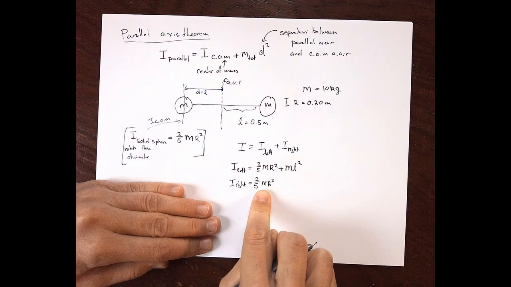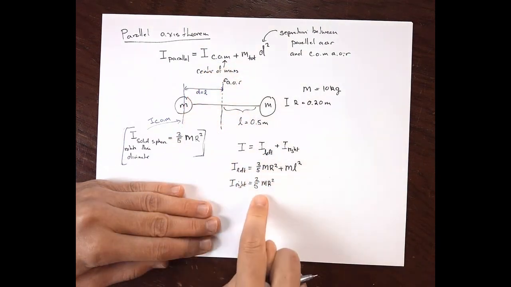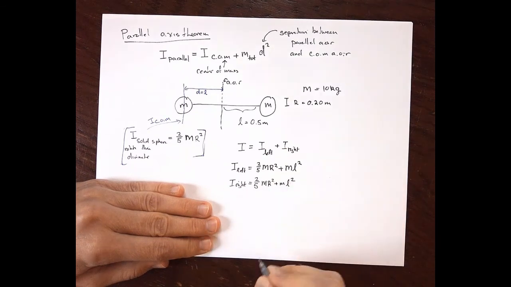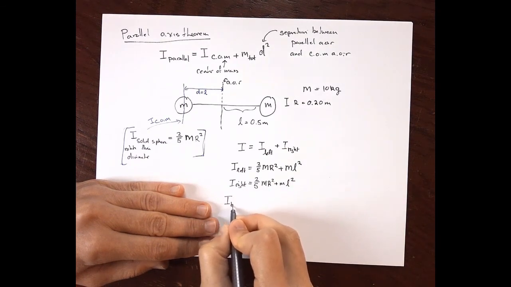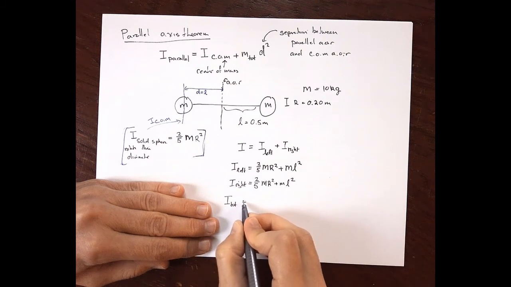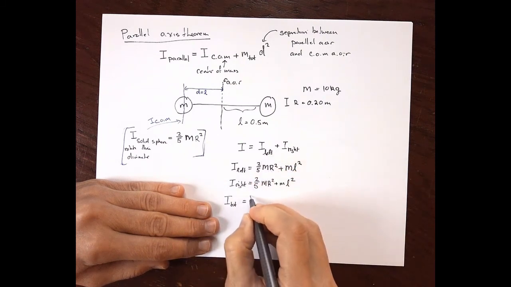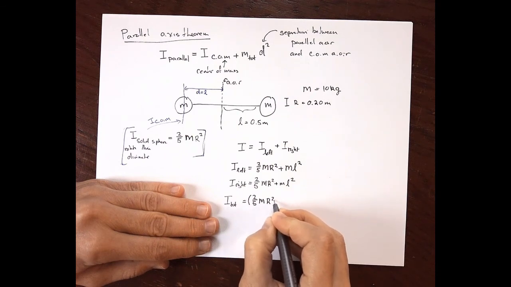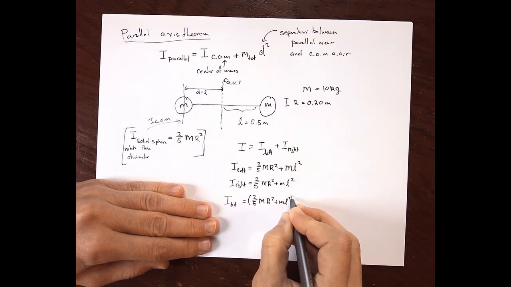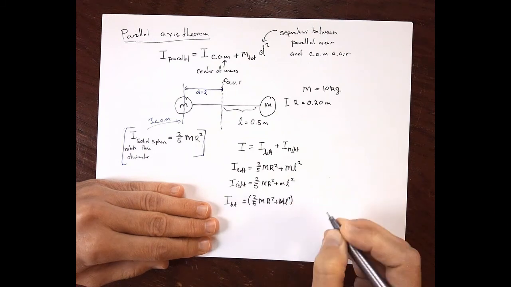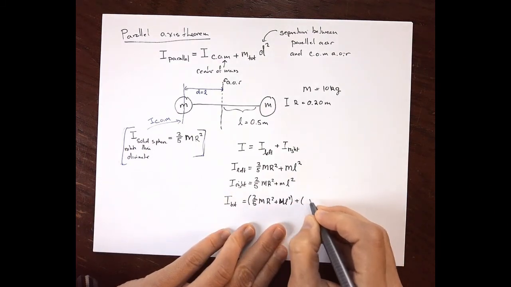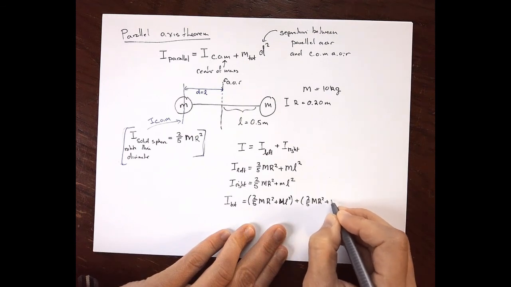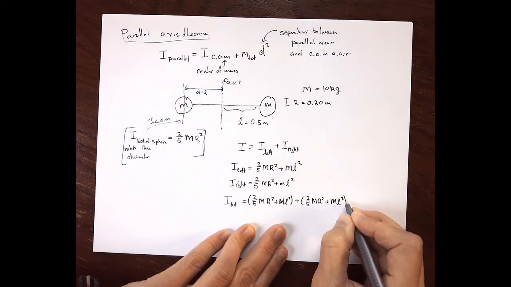That's the center of mass moment of inertia, plus the total mass times the distance between the two axes. And so our total is going to be this left one, 2/5 m r squared plus m L squared. Oops, and those should be the same m's. And then our right one, which again will be 2/5 m r squared plus m L squared.